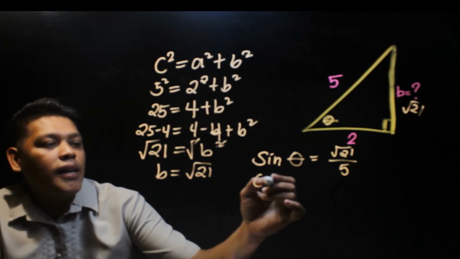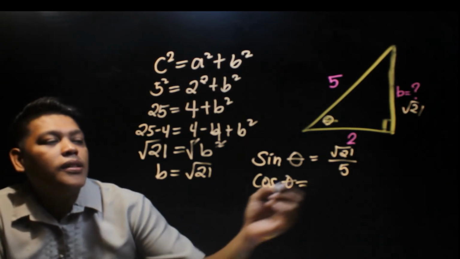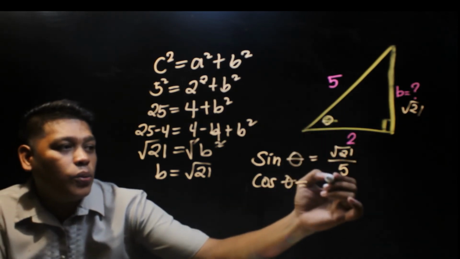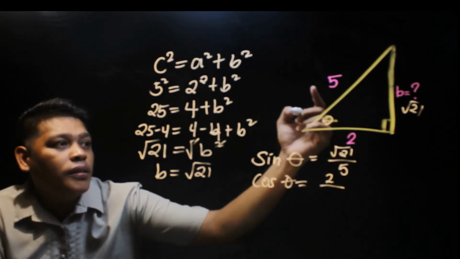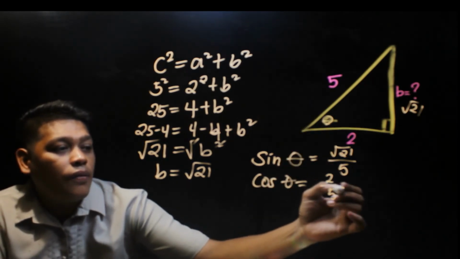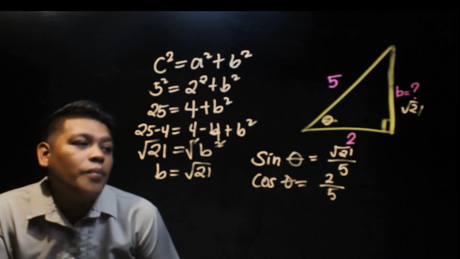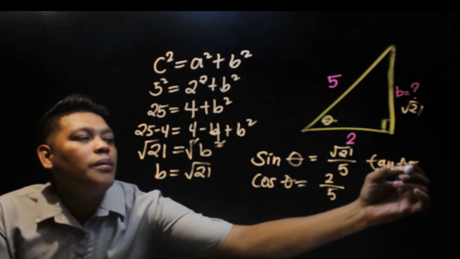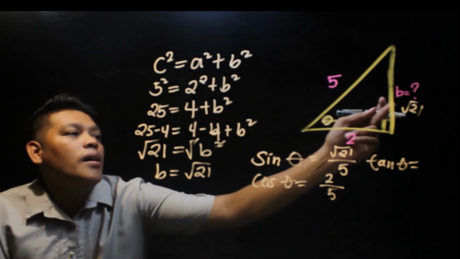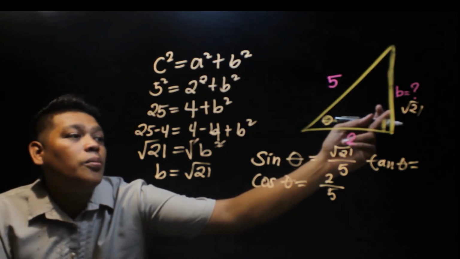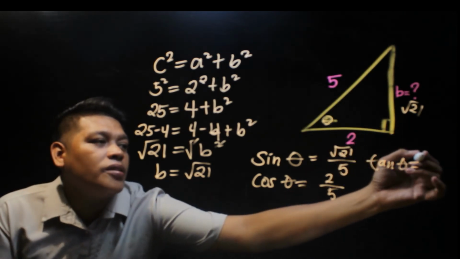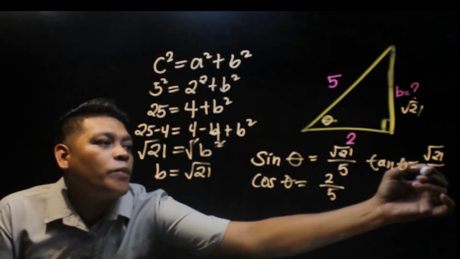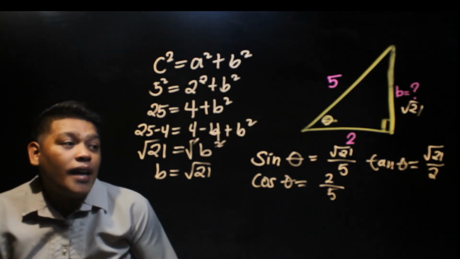What is the cosine theta? The adjacent of theta is 2 over the hypotenuse, which is 5, so 2 over 5. What is the tangent theta? It is opposite over adjacent, which is square root of 21 over 2.